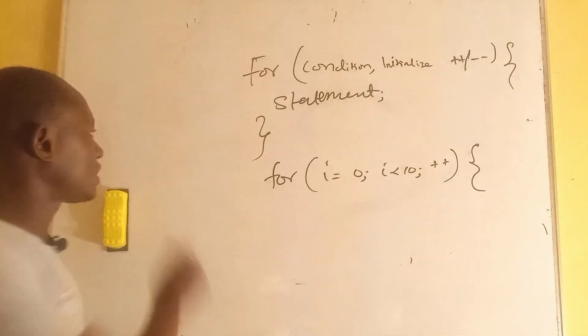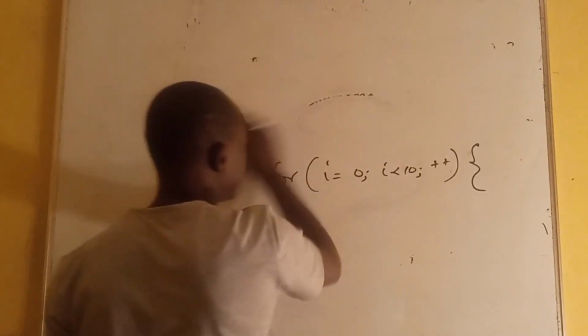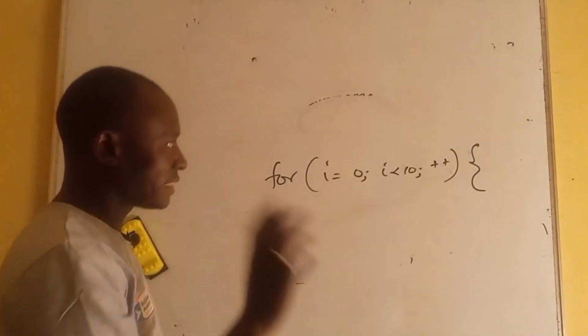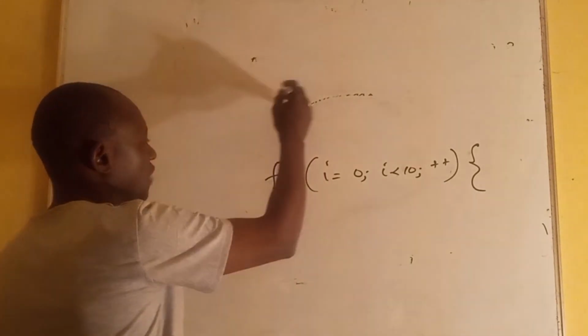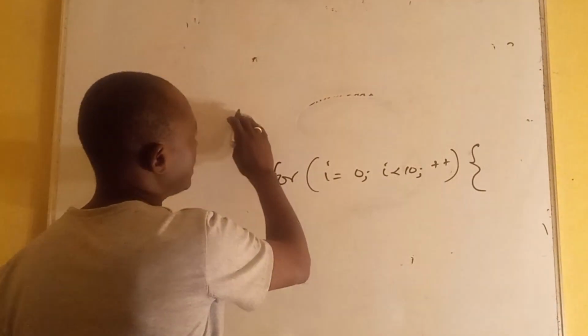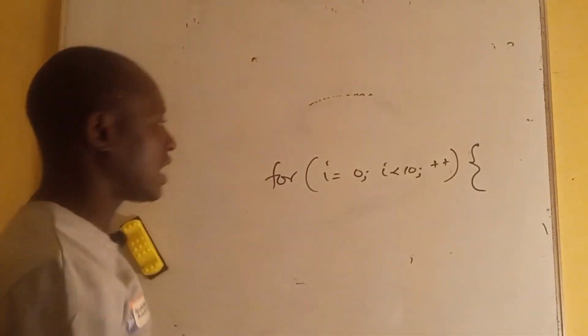I know it's a kind of confusion, but let's wipe this. So what we are saying in essence, you've seen the syntax, right? Let's assume we have declared and initialized our I to whatever we want.